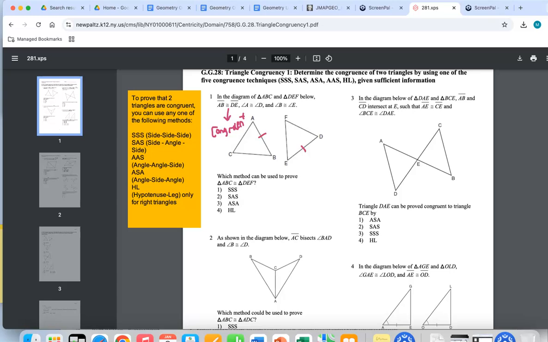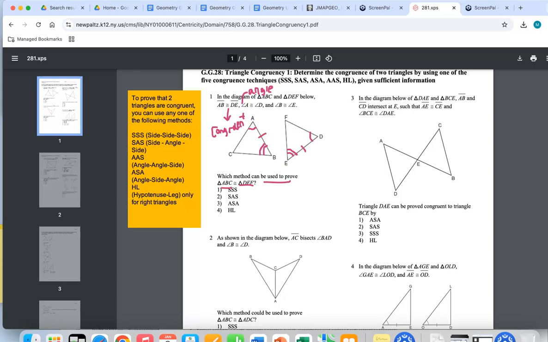And then they said angle A is congruent to angle D. This is an angle symbol. So we can put a little arc to indicate that angle A is congruent to angle D. And last but not least, angle B, we're going to put two arcs to differentiate the two, is congruent to angle E. And it says which method can be used to prove triangle ABC is congruent to triangle DEF.